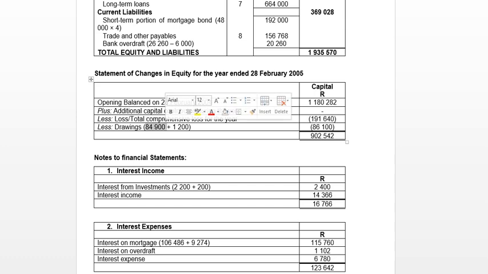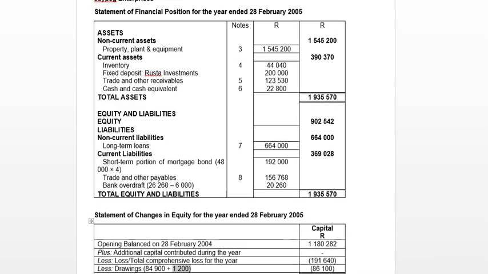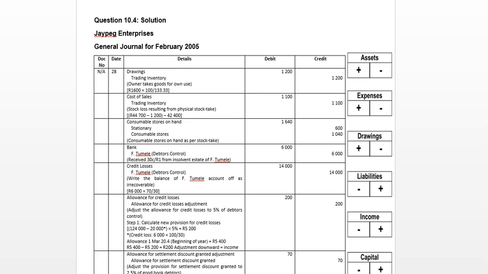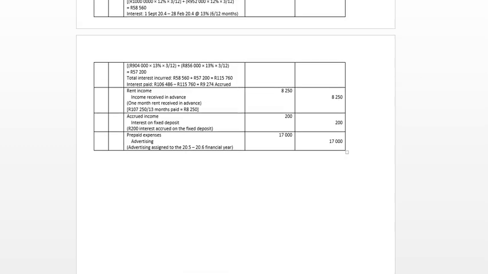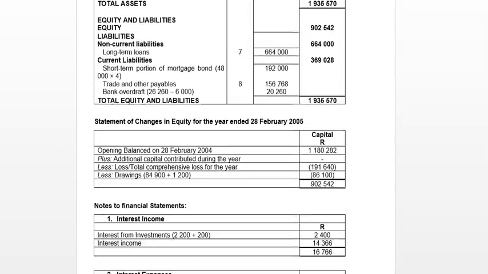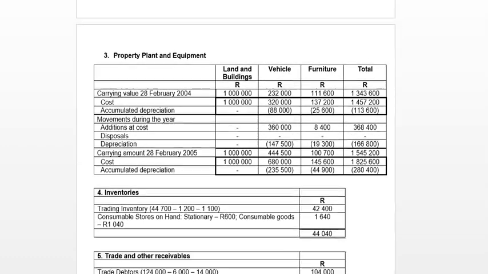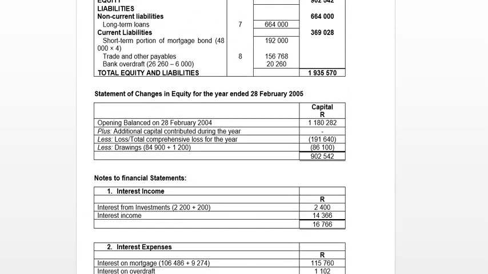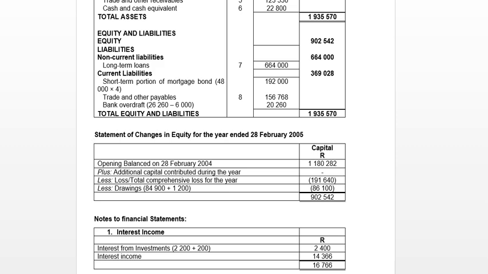So our drawings was 84,900 Rand plus then the 1,200 Rand drawings which we made here, where the owner took goods for himself, and it having a selling price of 1,600 Rand. Okay. Giving us a total equity at the end of the year of 902,554.